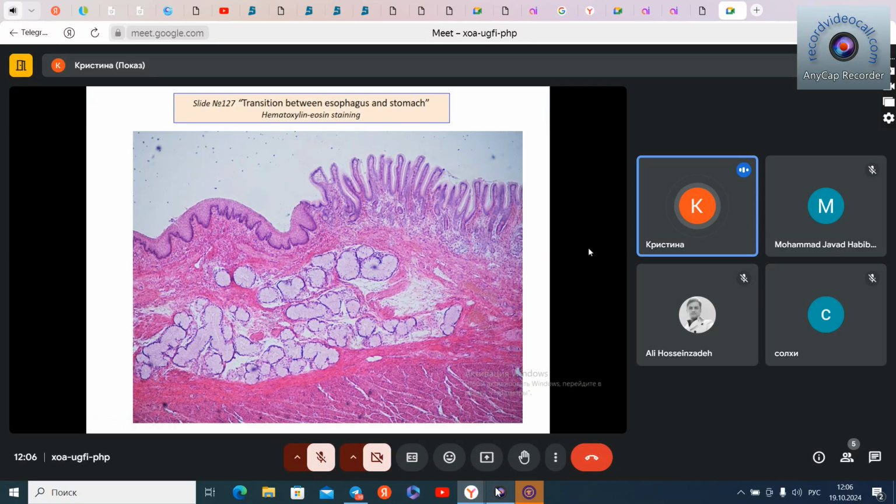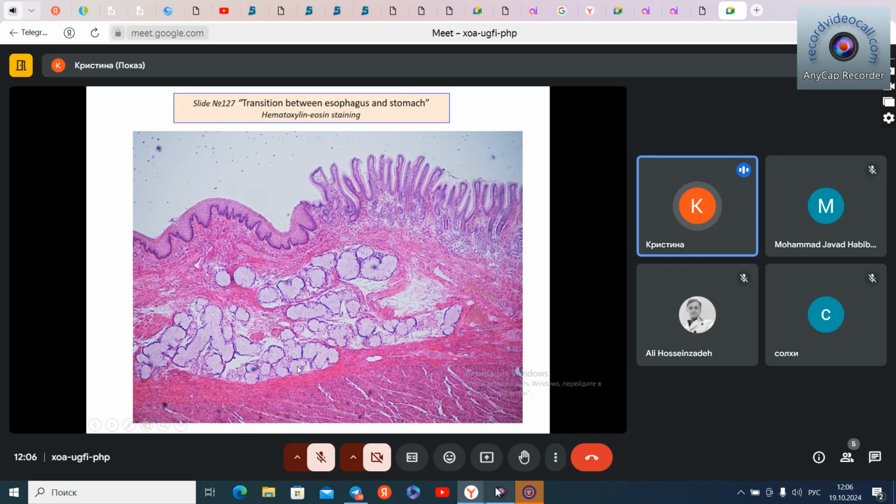And one more example of this same preparation. The esophagus is on the left and the stomach is on the right. Here we see the lamina muscularis mucosa. It is here.